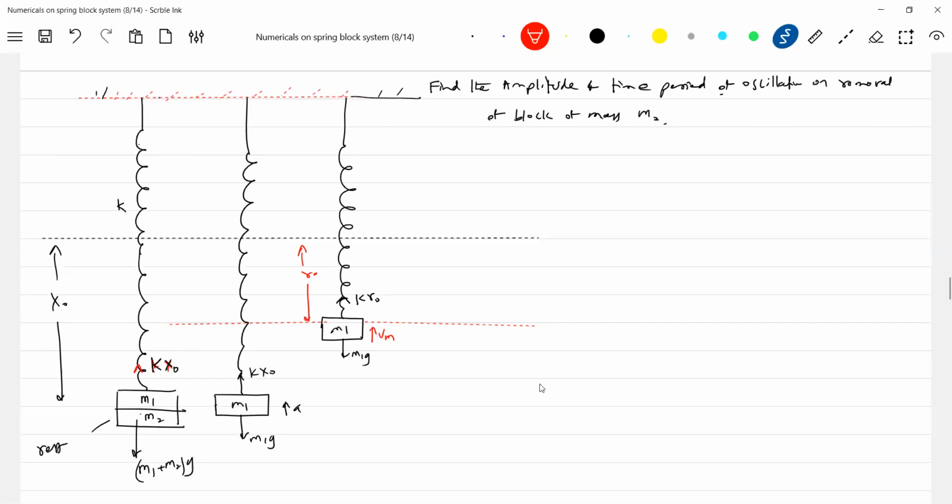As it keeps moving up, m1g will become greater than k r naught. Then it will undergo retardation somewhere in between. Let me show it.